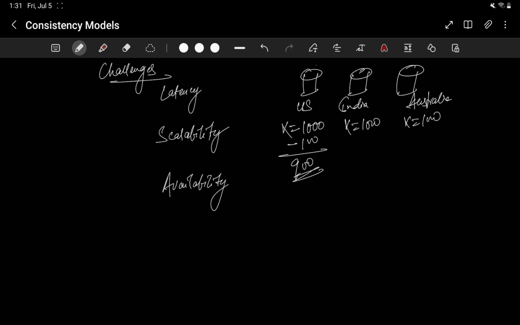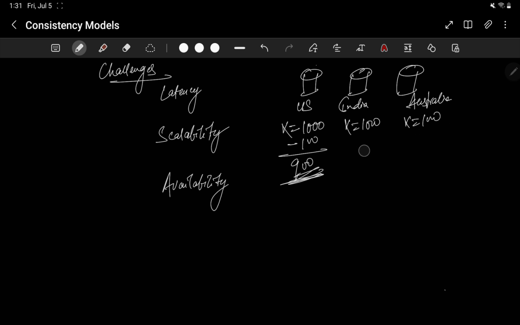But the problem here is, if X does another transaction and meanwhile before that these databases are not updated, the problem will be a glitch. Here it's 900, here it's 1000, and if subsequent transactions read these values like 900, 1000 and 1000, which will be wrong, right?